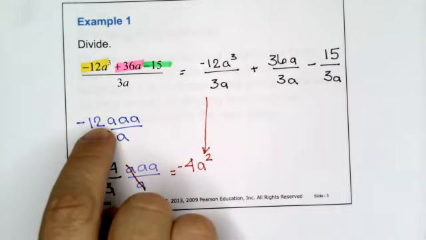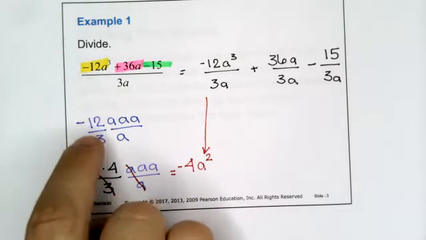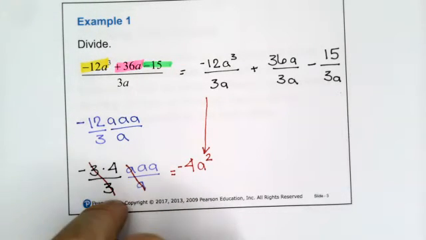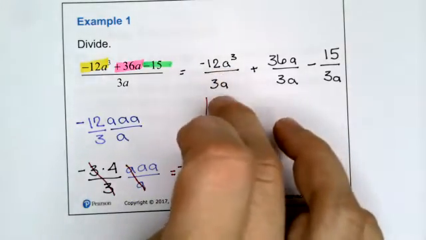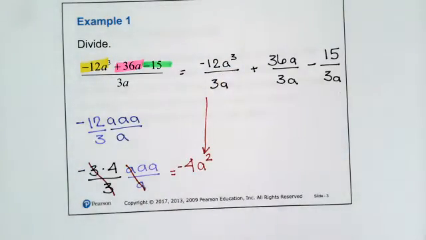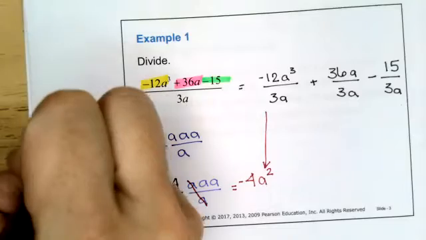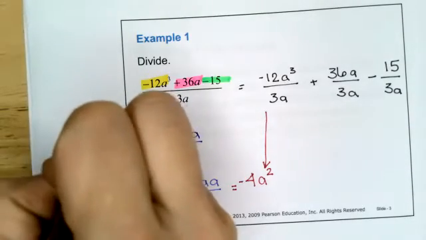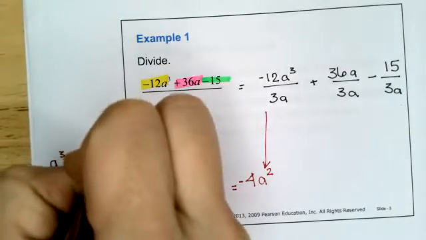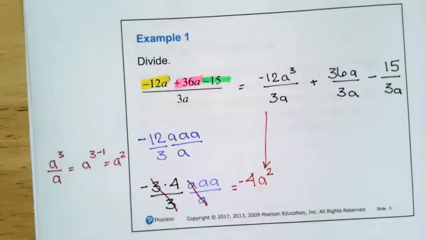Or I can factor out 3. 12 becomes 3 and 4, and I cancel out the 3's. The a to the third divided by a, you can do it this way, or you can just think, I know the rule for dividing polynomials is keep the base, subtract the exponent. 3 minus 1 is 2. Whichever way is easier for you.